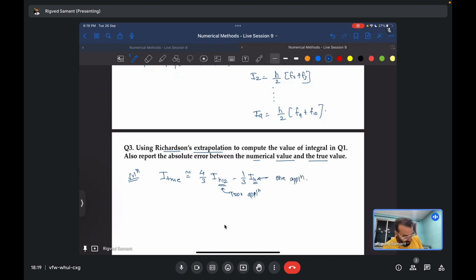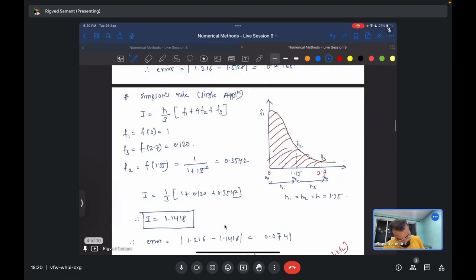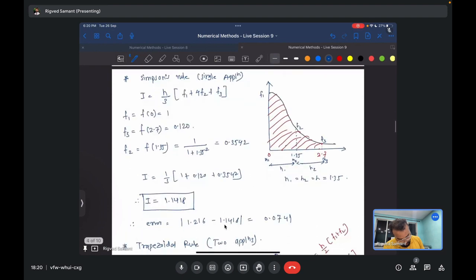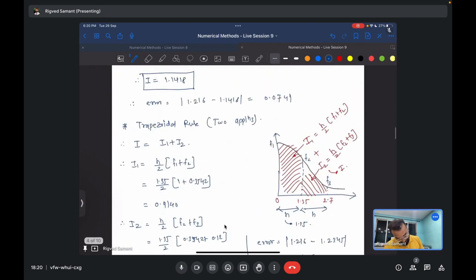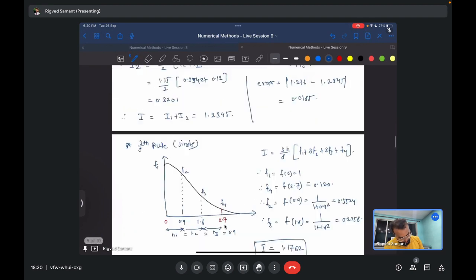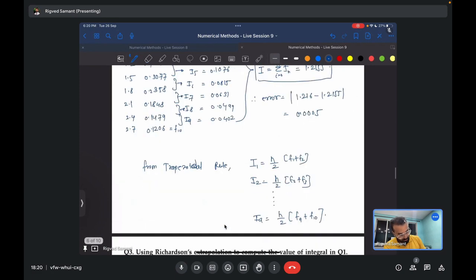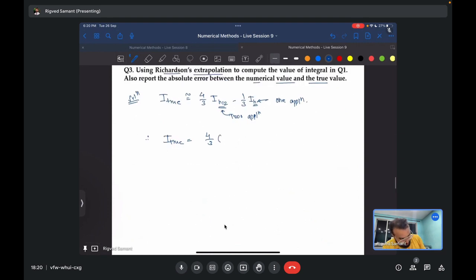So we already have these values, so I true is nothing but 4 by 3 into the value using 2 applications, 1.2345, right, minus 1/3 using 1 application.